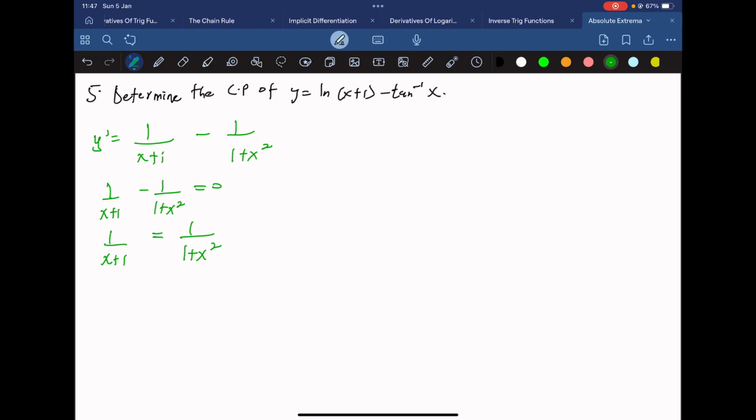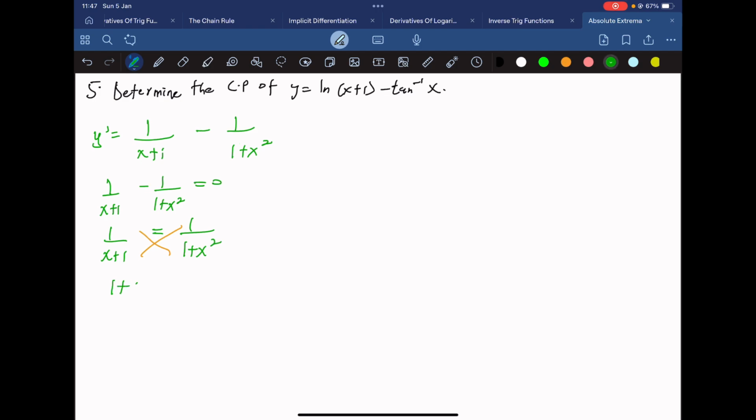Now we can just cross multiply. So we have 1 plus x squared is equal to x plus 1. Then we have x squared. Then we send this to the left hand side, so we have negative x. Remember, we already have plus 1 here, so plus 1, and if this crosses, it becomes negative 1. So minus 1 equal to 0.